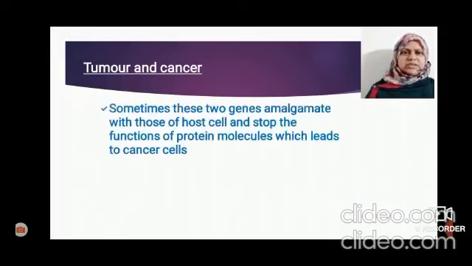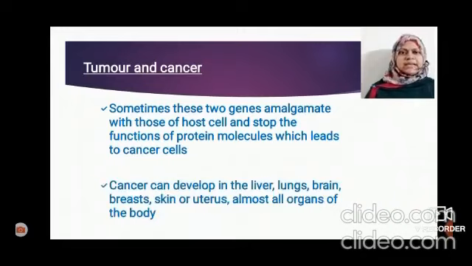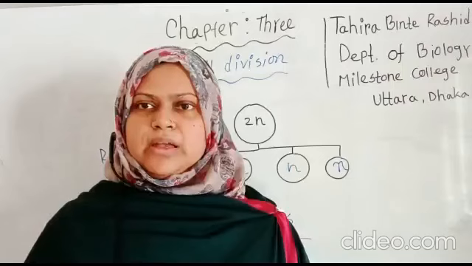Sometimes these two genes amalgamate with those of host cell and stop the functions of protein molecules, which leads to cancer cells. Cancer can develop in the liver, lungs, brain, breast, skin, or uterus, almost all organs of the body.